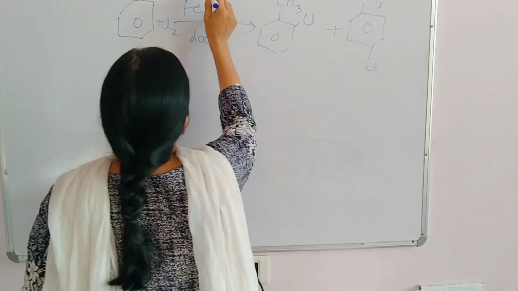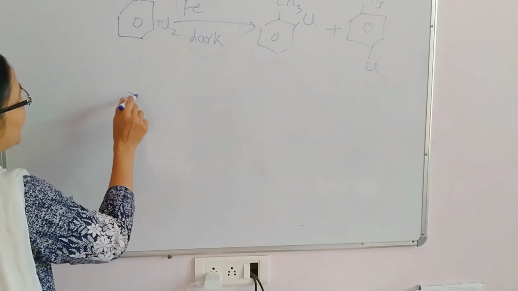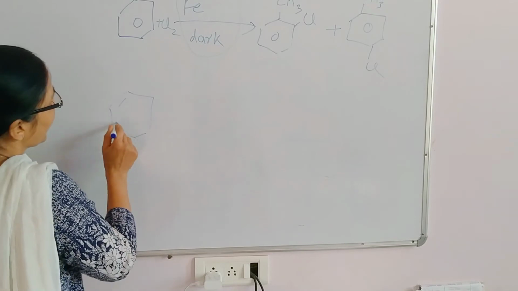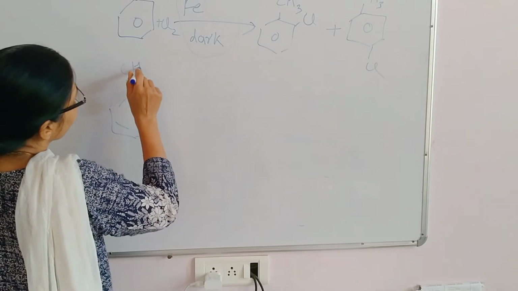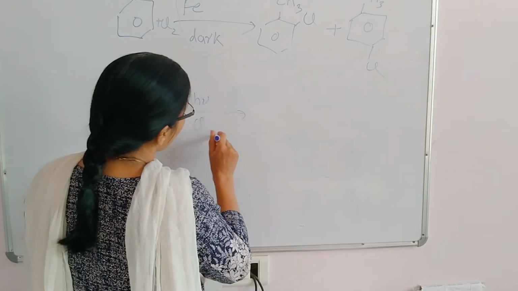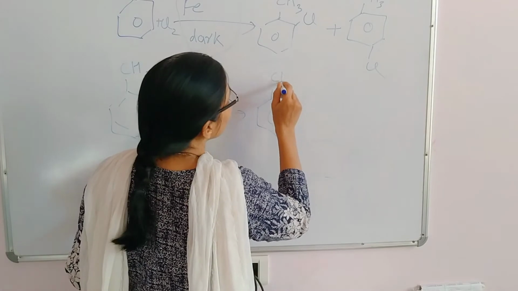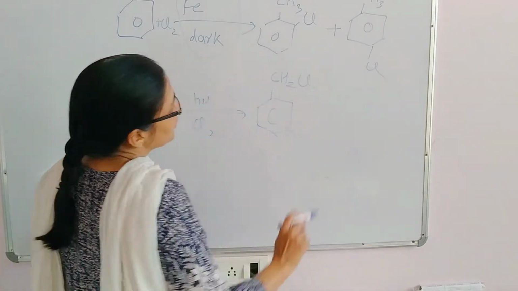Point to be noted: iron in the dark, no sunlight. If sunlight is there, there will be formation of C6H5CH2Cl.